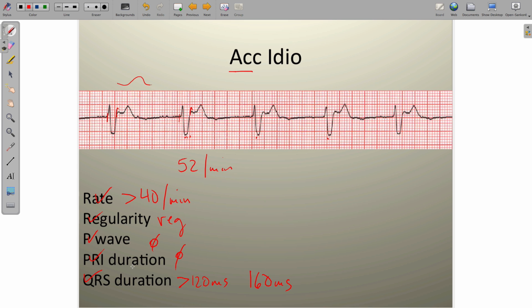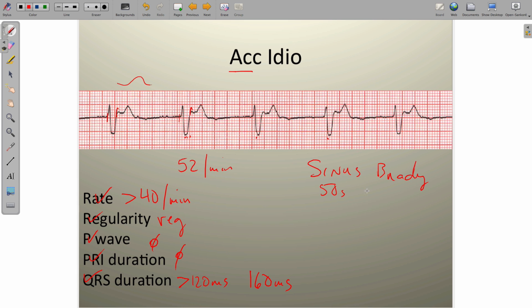Again, accelerated idioventricular is no different than idioventricular rhythm, except for one factor, and that is the underlying rate must be above 40. So you should ask yourself, how can I differentiate, for example, a sinus brady from an accelerated idioventricular rhythm? Because sinus brady can hover in the 50s, and if they're the same rate, how do we differentiate them?